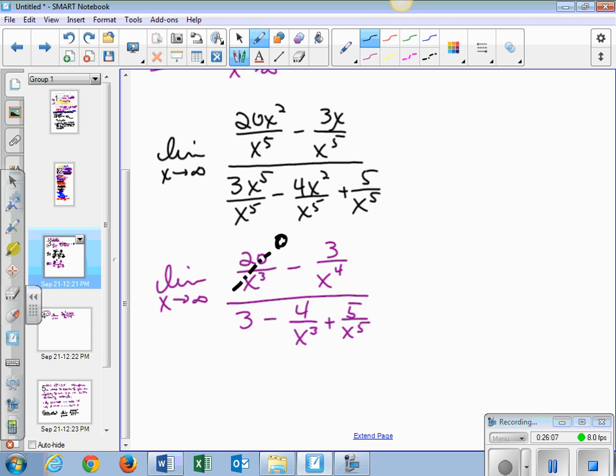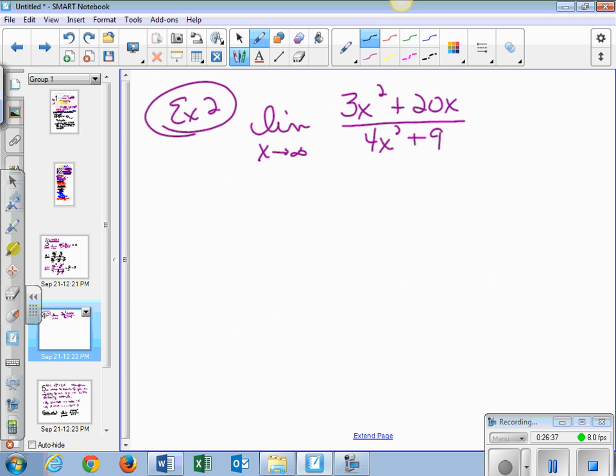The same thing over here, 3 divided by a very large number, or 3 over infinity, isn't that going to go close to 0? The same thing with 4 over x cubed and 5 over x to the fifth. So you're thinking of each one of those terms individually plugging in infinity. So you're thinking of like 5 over a very large number. It's going to get close to 0. So looking at everything, I get a 0 over 3, which in fact is just 0. That's it.